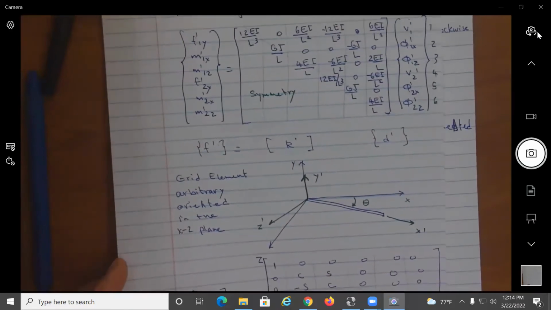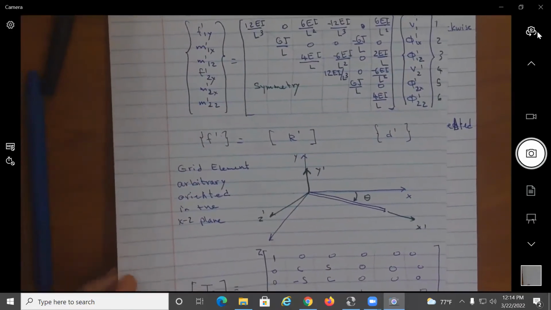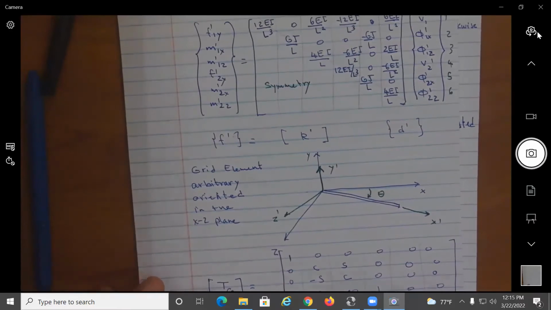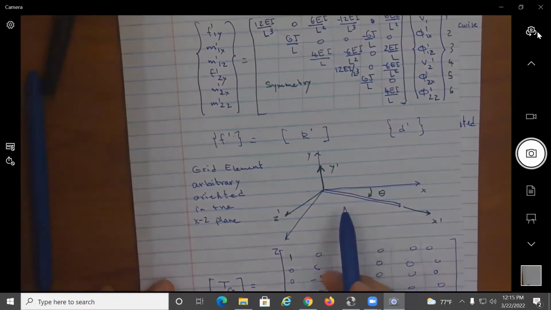Is the frame of that grid on that angle? Would all the forces be perpendicular to it, at an angle as well, right? All the forces are still perpendicular to the element and perpendicular to the plane of the structure, which means the forces are going to be applied only in the Y direction, because the structure is in the XZ.